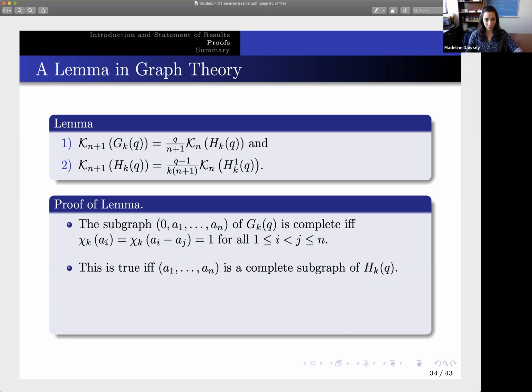And so that looks like chi k of ai is 1, meaning then you're in Hk of q, right? These vertices are in Hk of q. So that's why we chose 0 there, because then you would end up with a subgraph that is in Hk of q.